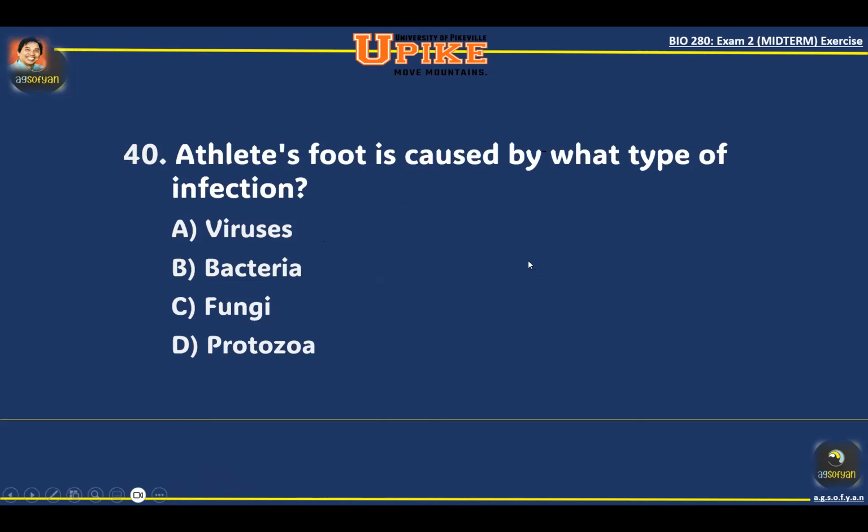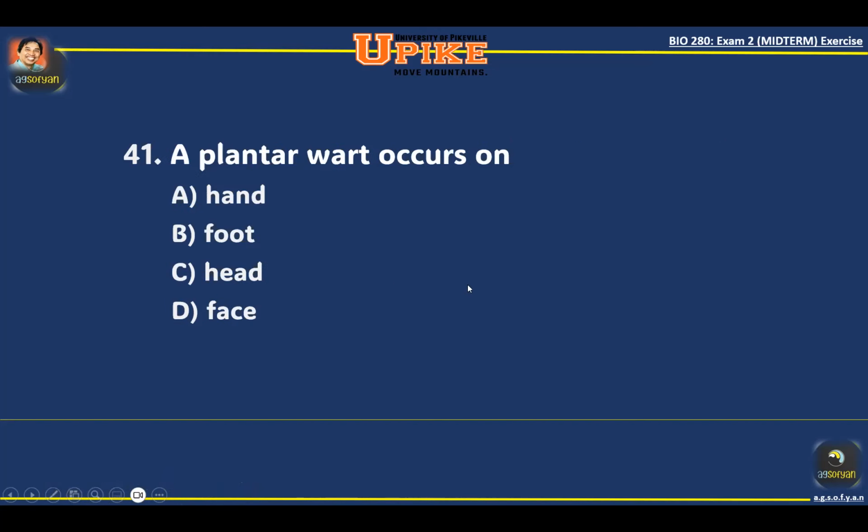Athlete's foot is caused by what type of infection? Athlete's foot is a type of stubborn fungal infection. It's caused by fungi. A plantar wart. This is plantar. Plantar wart is caused by viruses.